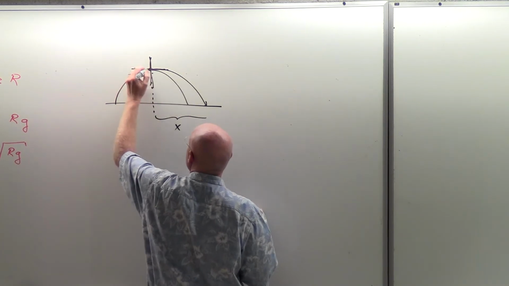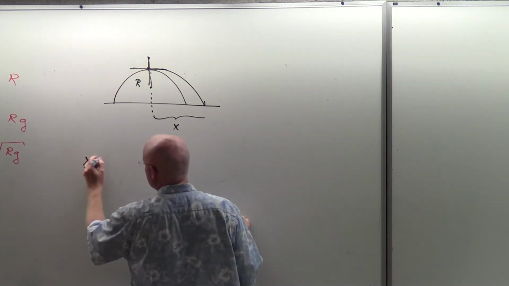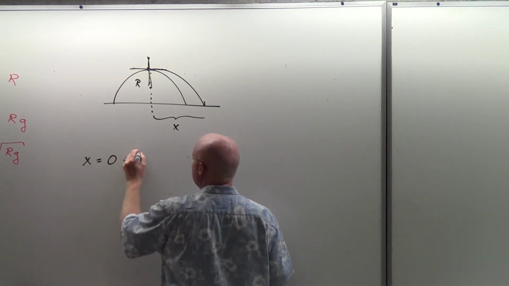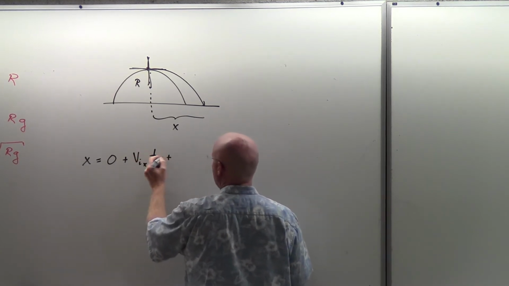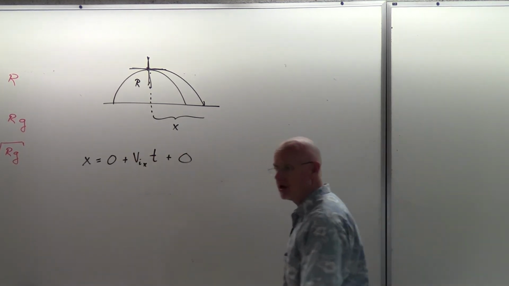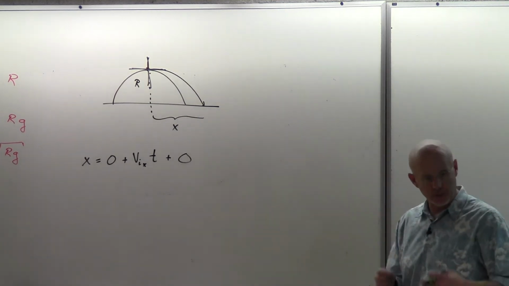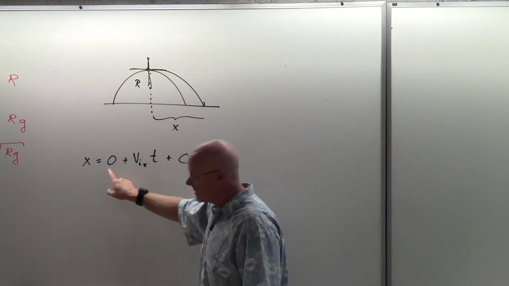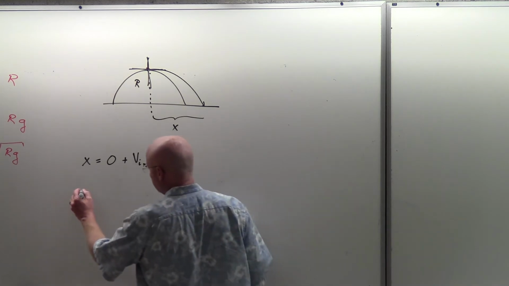But if I pick the origin as being the launch point, and I write out these equations, I would say x equals the initial position, which is 0, plus the initial velocity in the x direction times time, plus 0 acceleration in the x direction. And so that's our fundamental equation for projectile motion that we've been using a lot. 0 here because that's the origin, 0 here because there's no acceleration.